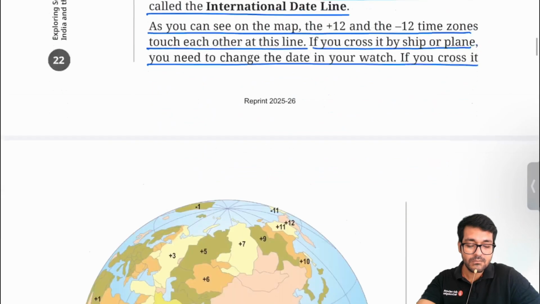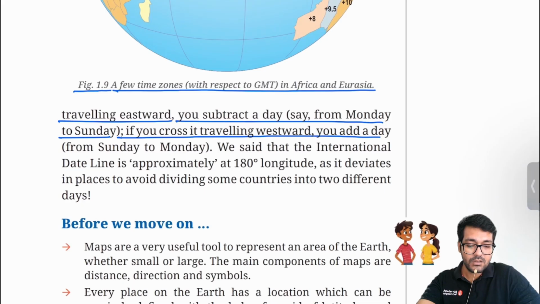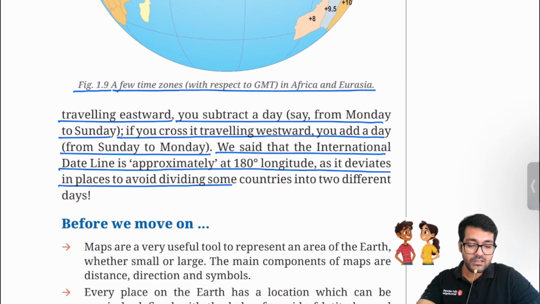If you cross it traveling eastward, you subtract a day, say from Monday to Sunday. If you cross it traveling westward, you add a day, from Sunday to Monday. We said that the international date line is approximately at 180° longitude, as it deviates in places to avoid dividing some countries into two different days.